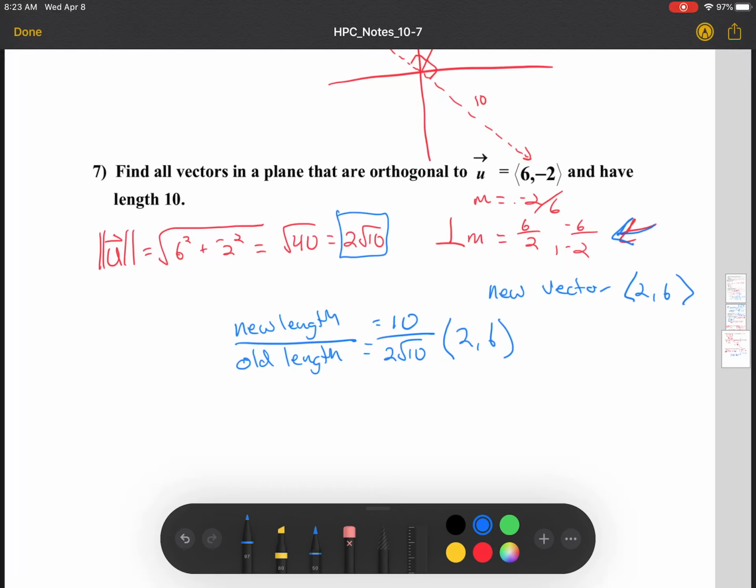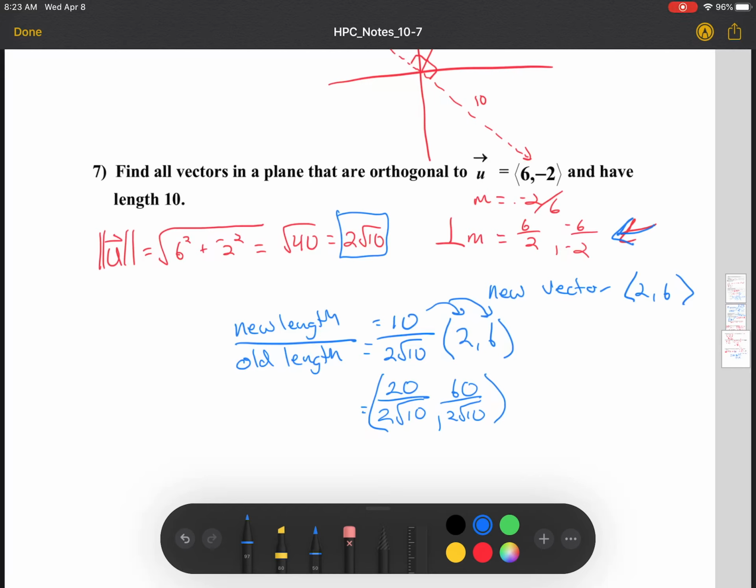Okay, so that's all we're doing from here. So when we multiply that, remember, it goes to each of them, because it's a point. You end up with 20/2 square root of 10 and 60/2 square root of 10.